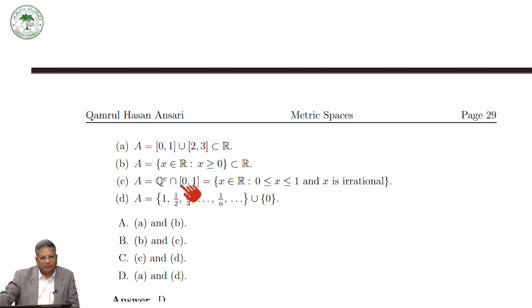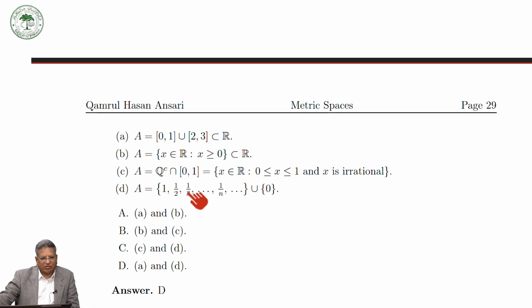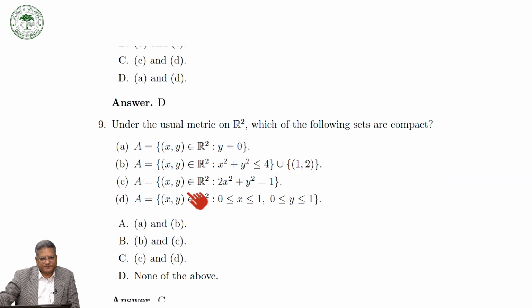And for D, this is bounded, and it is closed because the limit point of this set is 0, which is in the set, and therefore it is closed and bounded, and therefore it is compact. So A and D are compact, and B and C are not.